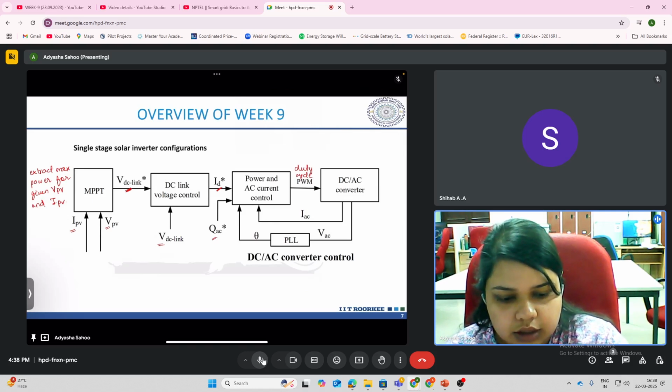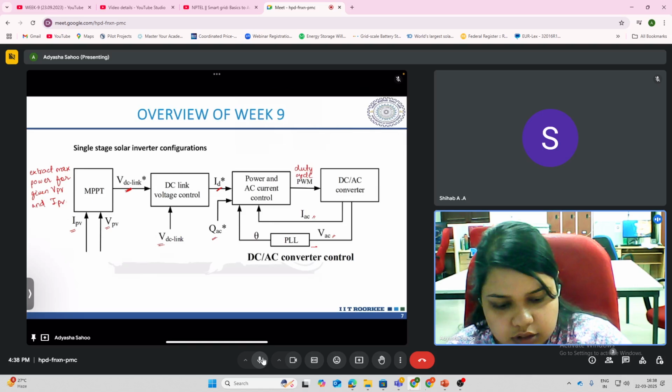And this is again a closed loop or feedback type of thing, where the voltage and current of the AC side are fed into the power and AC control loop, and that is done through a PLL. This PLL is for the synchronization.